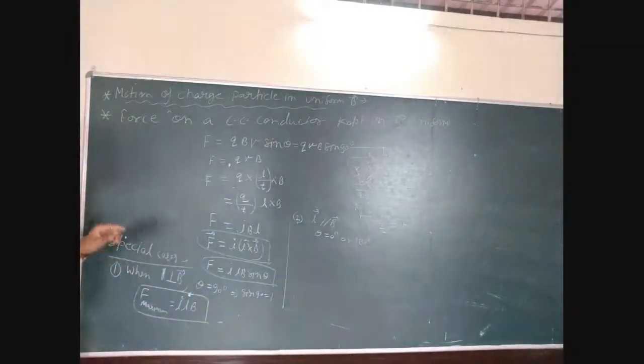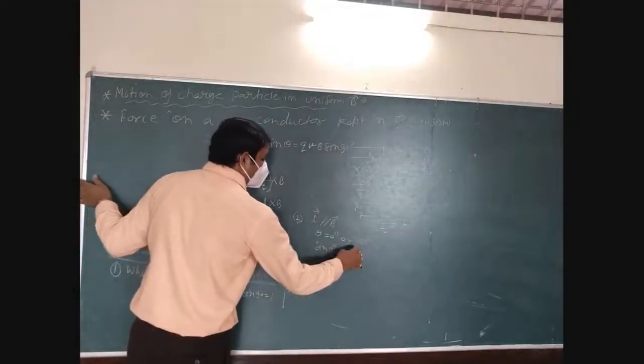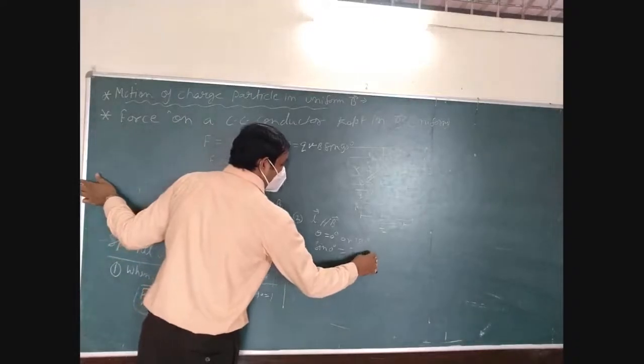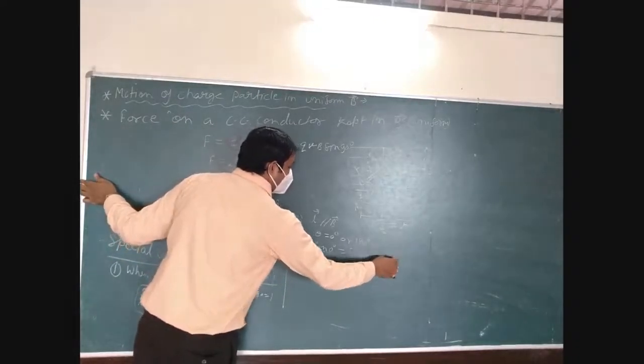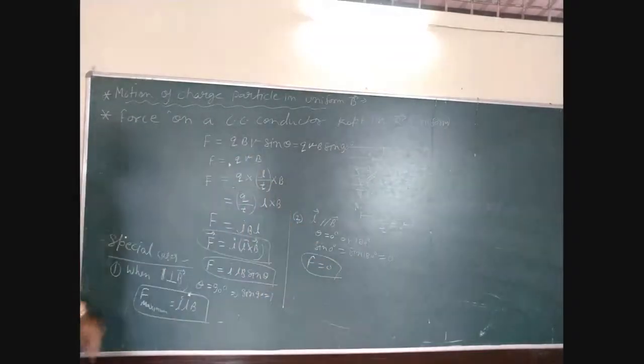For both cases, sin 0 degree or sin 180 degree, we get this value as 0. So the force experienced by the conductor in the magnetic field is 0.